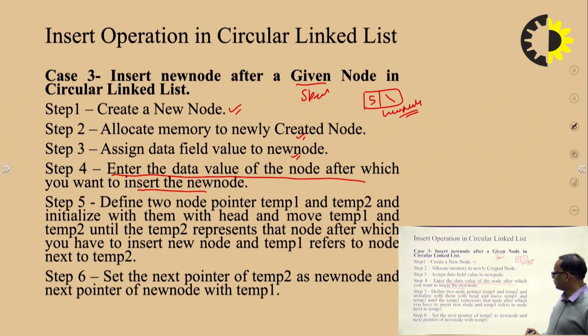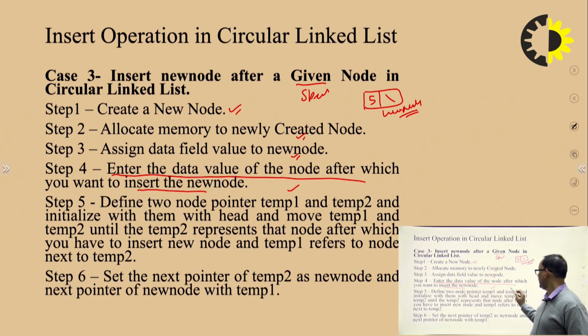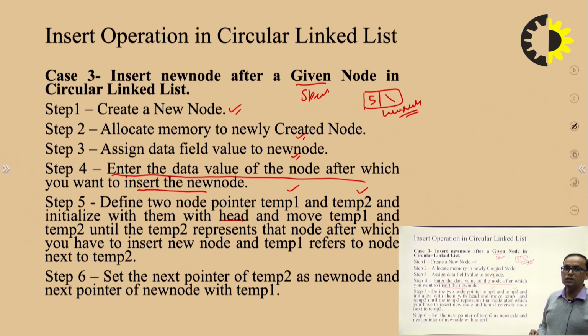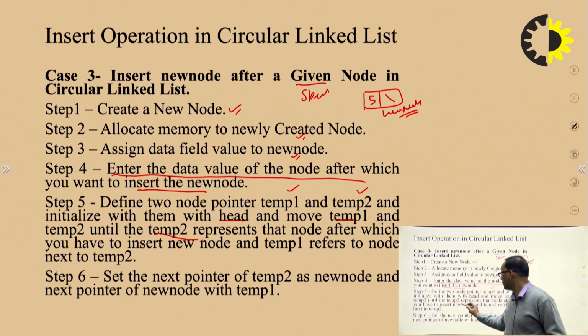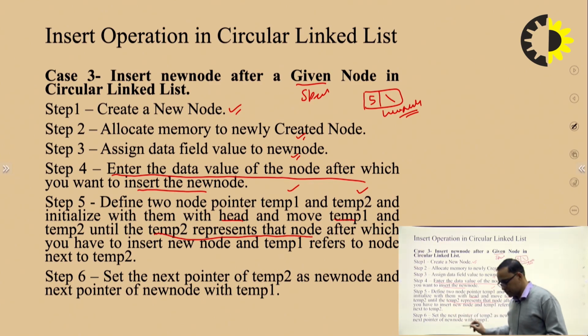For that purpose we define two pointers, temp1 and temp2, and initialize both of them with head. It means in this case we have to traverse the linked list, and to traverse it we initialize two pointers, temp1 and temp2. Both pointers are initially initialized with the head, and we move temp1 and temp2 until temp2 represents the node after which we have to insert the new node.